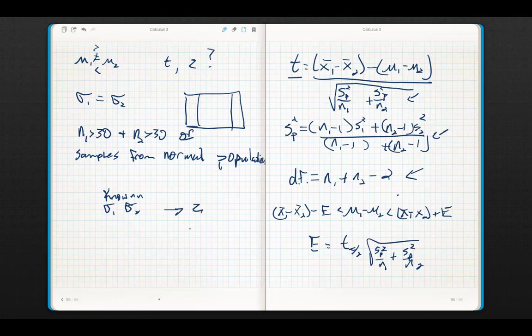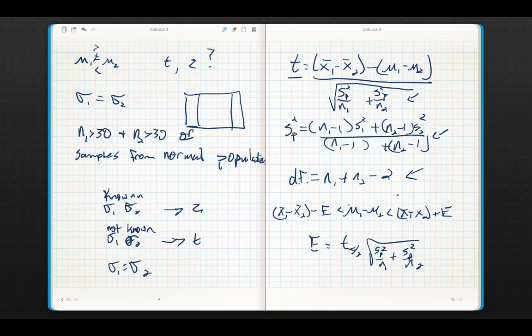I use Z. If sigma is not known, then I use T. But I use T where I don't have to worry about this pooled standard deviation. I simply use the standard deviations of each one of the samples, square those and divide by n1, square the other one and divide by n2. And then I have sigma 1 equals sigma 2, which is what we just did.